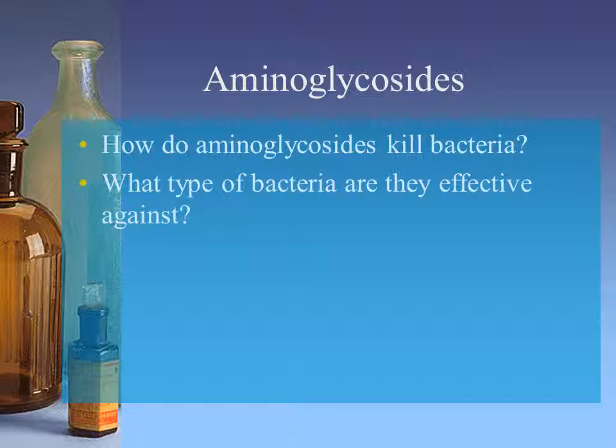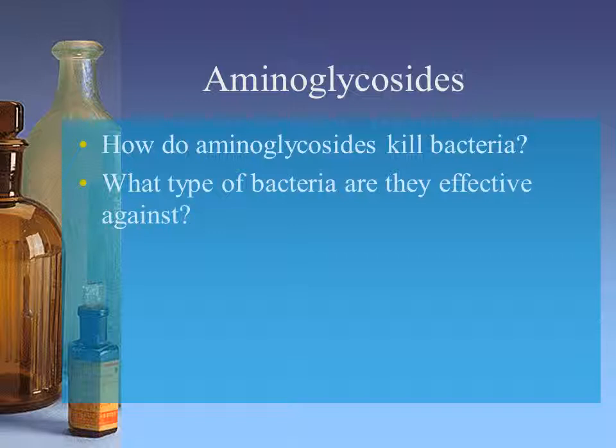So they keep the bacteria from manufacturing proteins. A way you can remember this: amino acids make up proteins, so the term aminoglycosides may trigger and help you remember that. Essentially, when it binds to these ribosomes, the bacteria can no longer produce proteins, and therefore it can't survive, nor can it reproduce.